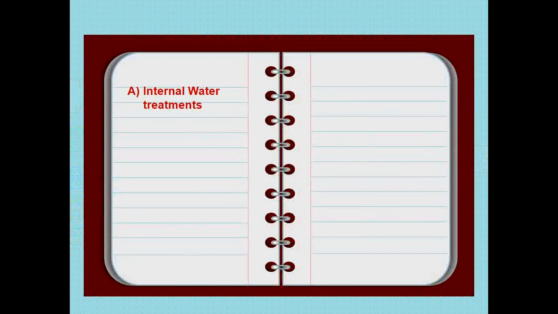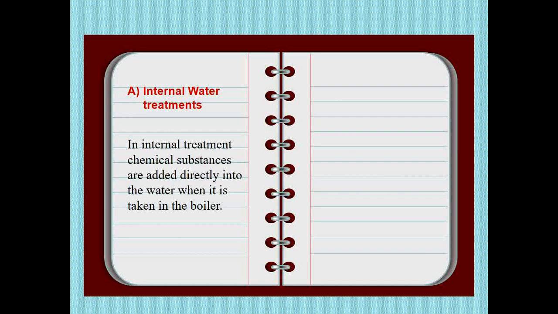Let us start with the internal water treatments. In internal treatment, chemical substances are added directly into the water when it is taken in the boiler. In short, when the water is taken into the boiler and if it is found hard, then we can use the internal water treatment.